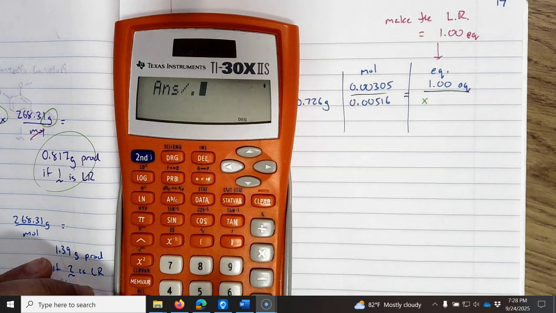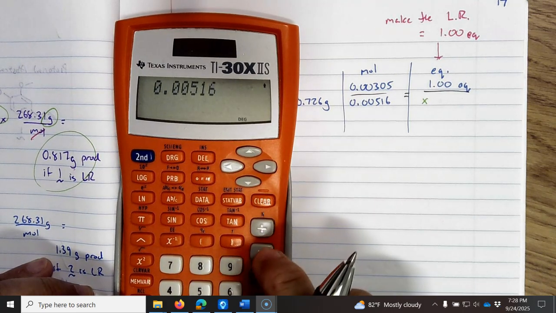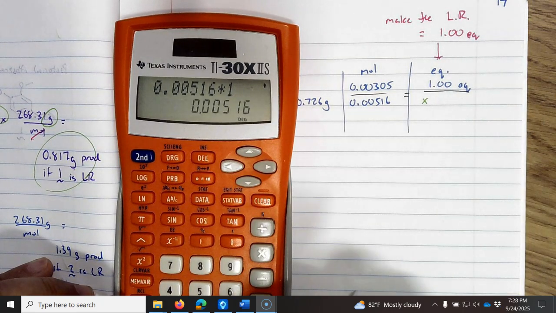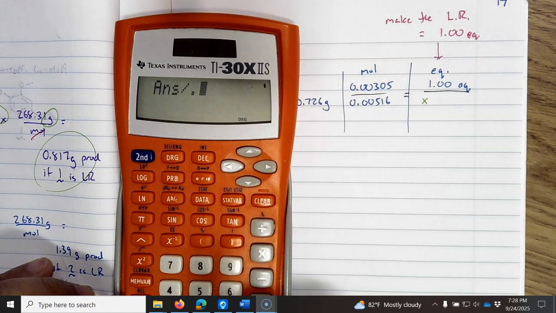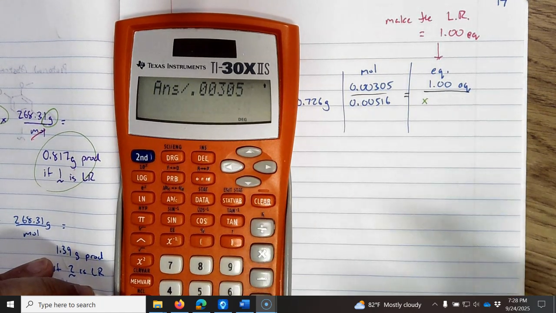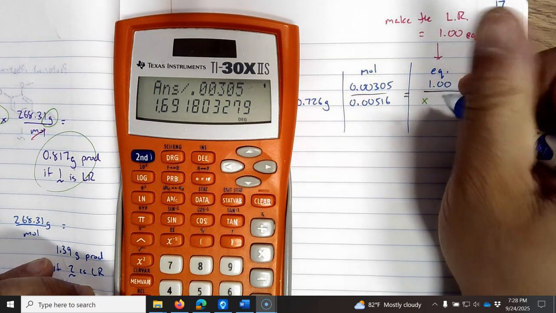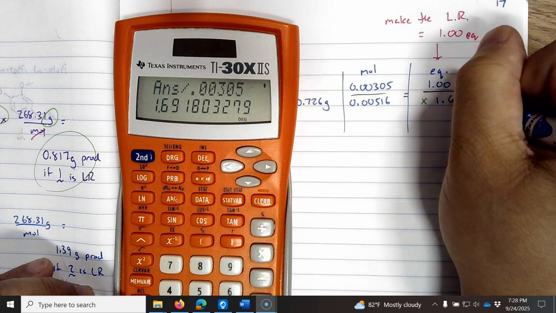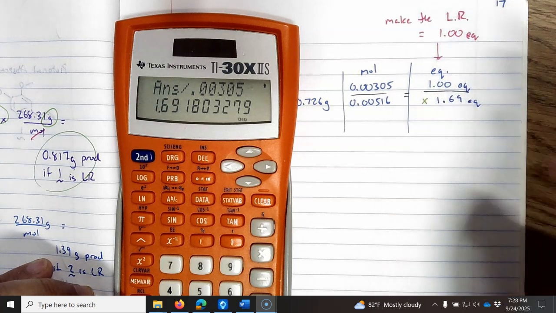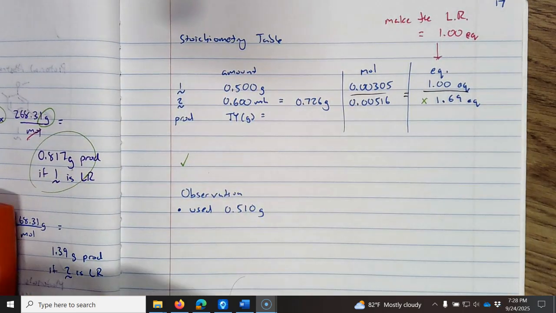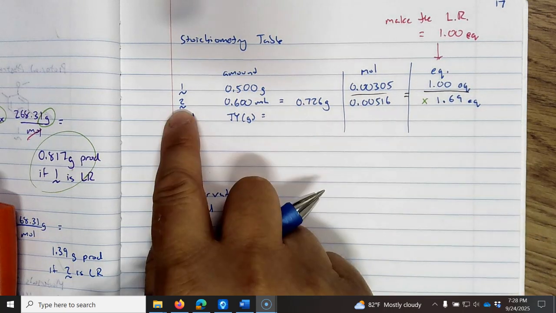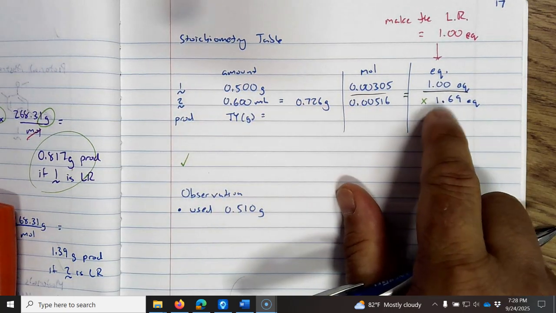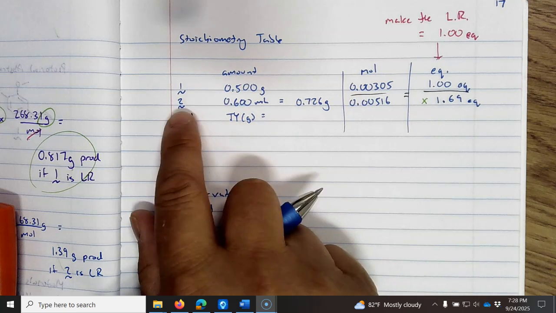And so we have 0.00516 times 1 divided by 0.00305, and I get a number, put 3 significant figures, 1.69 equivalents. What that means is, for every 1 part of 1, I'm using 1.7 parts of 2.